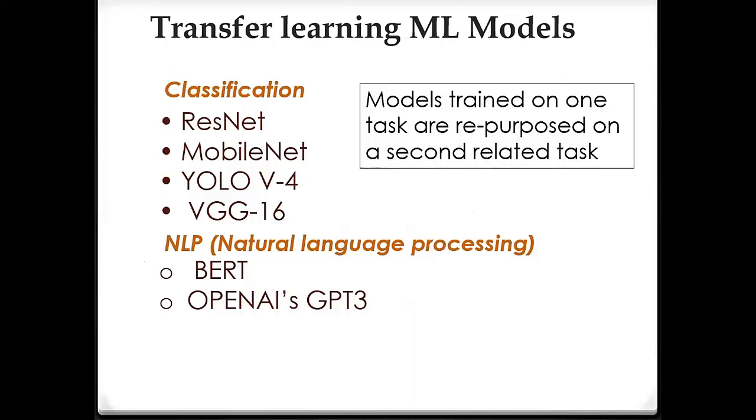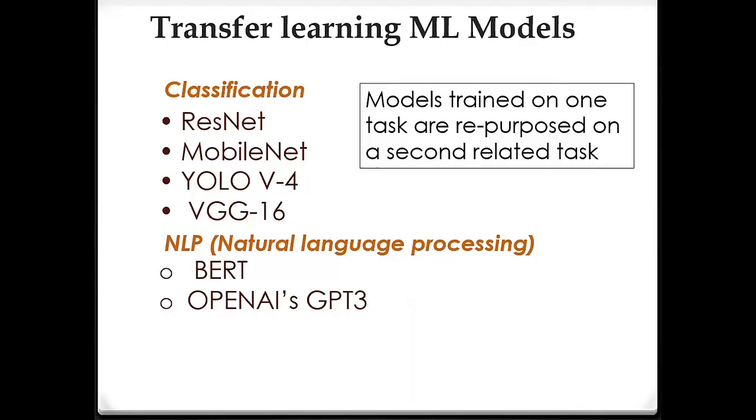So what you can do is just pick a pre-trained model, and these models are very much available. You can use them in your problem, and all you have to do is retrain them on top, and they'll give you the result that you are looking for.